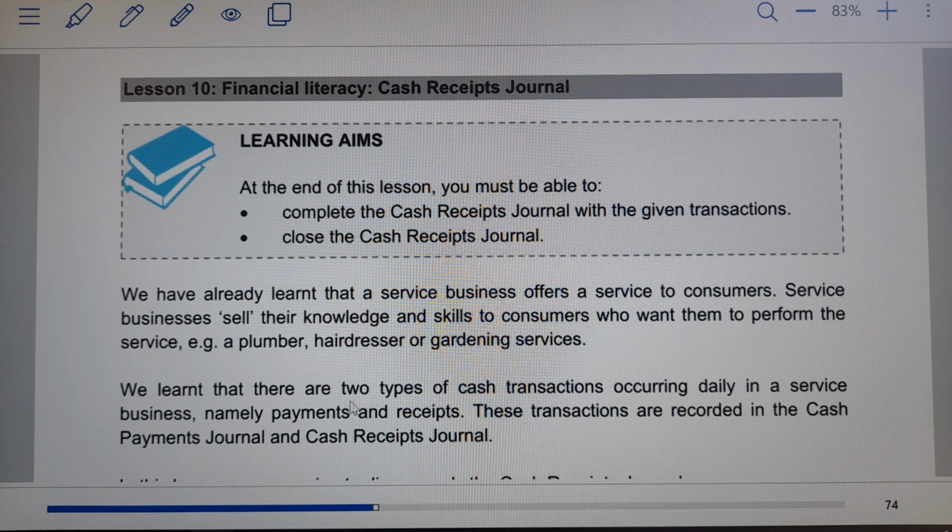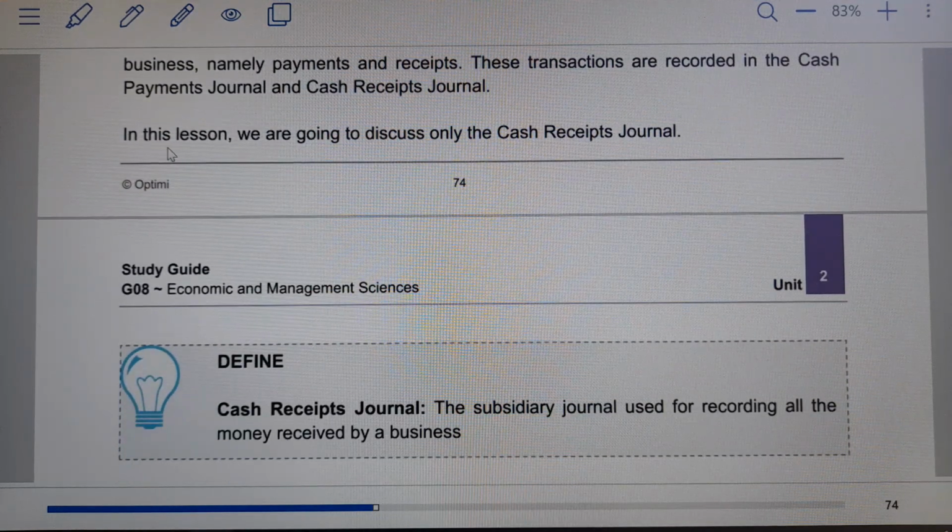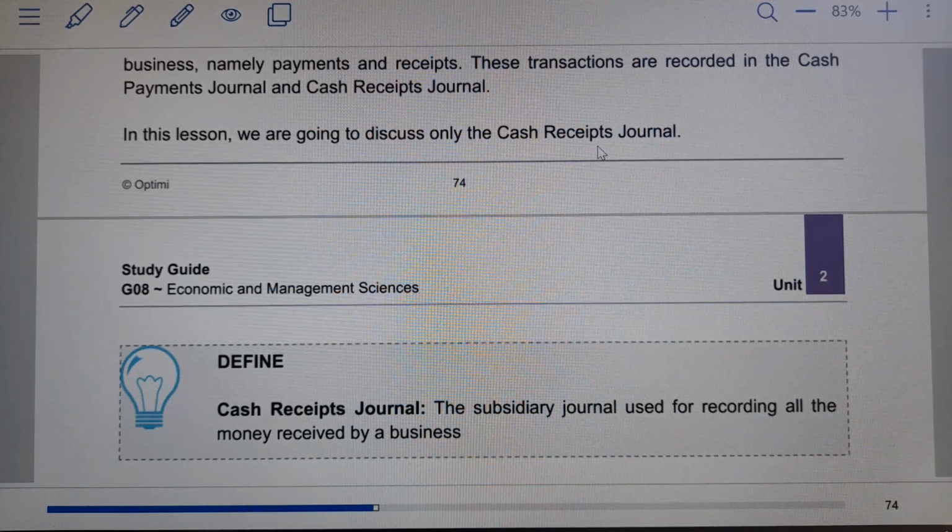We learned that there are two types of cash transactions occurring daily in a cash service business, which are payments and receipts. These transactions are recorded in the cash payments journal and the cash receipt journal. In this lesson, we are going to discuss only the cash receipt journal, which means only the money that is coming into the business.